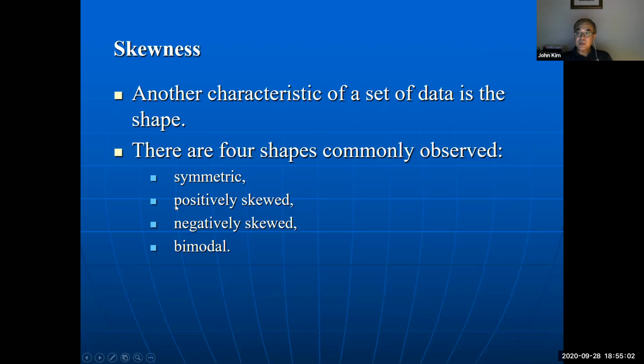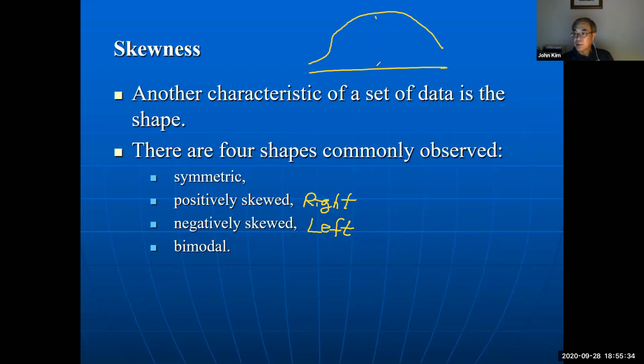Symmetric, positively skewed, negatively skewed; we also call positively skewed right skewed, and negatively skewed left skewed, because from the mean or median, this side is negative and this side is positive.